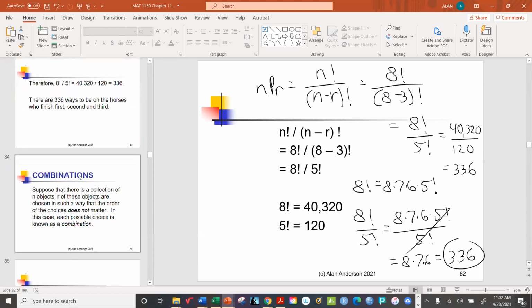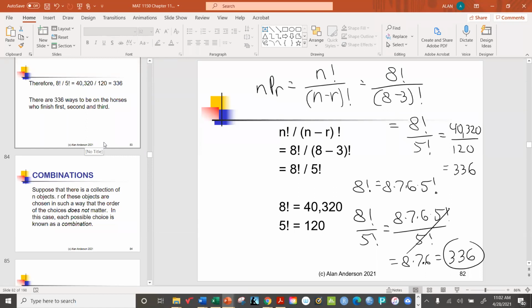All right. Now you're probably wondering, well, if I'm going to choose objects from a collection in such a way that the order matters, might there be another concept where the order of the choices do not matter? And the answer is yes. In cases where we're choosing objects from a larger collection in such a way that the order is irrelevant, they're no longer called permutations.